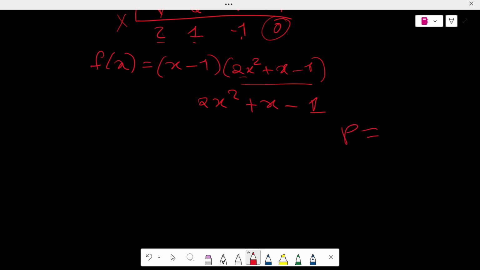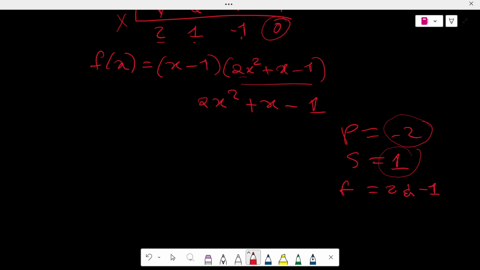The product will be negative 2, then the sum will be 1, so the factors will be the numbers that when you add them, they give you 1, and when you multiply them, they give you negative 2. We're going to have 2 and negative 1.